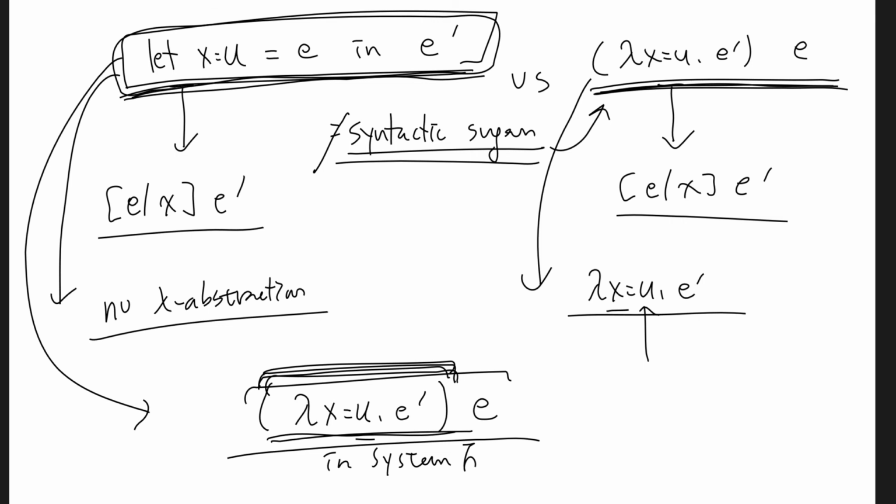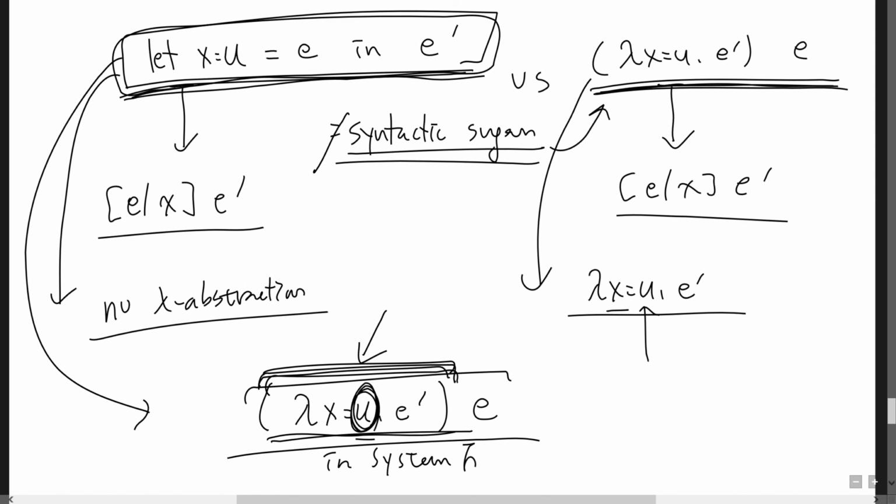That's how we achieve partially the expressive power of system F, because now we can have this lambda abstraction with a polymorphic type, but we still want to maintain the decidability by requiring that this lambda abstraction be applied to its argument right away.